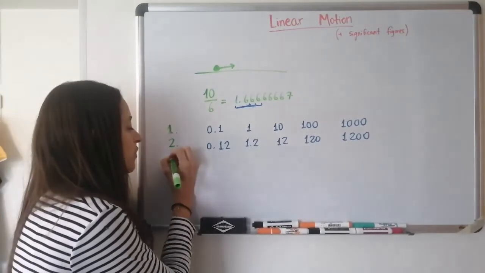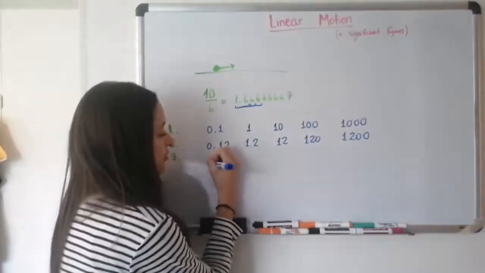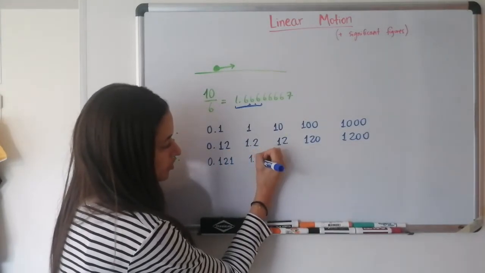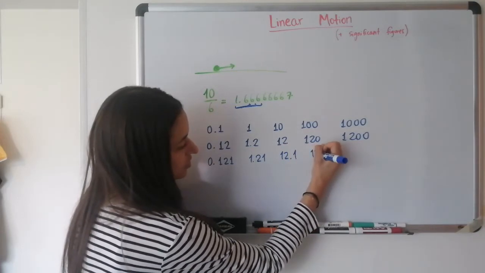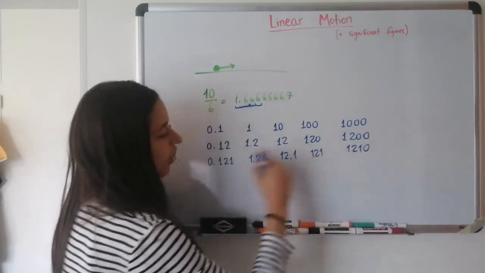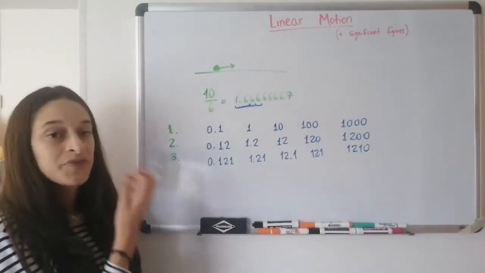So we can do that with 3 also. Let's say 0.121 or 1.21 or 12.1 or 121 or 1,210. All of these have 3 significant figures. I think you get the point, right?